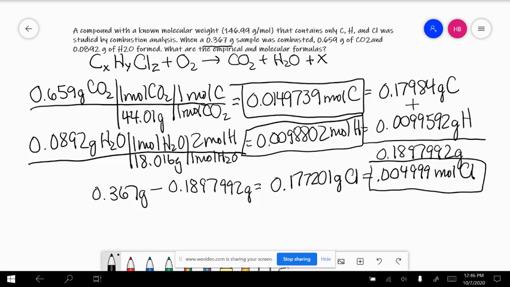So we're going to do the same thing we did with our empirical molecular formulas: we're going to divide by the smallest mole number. So I'll divide each of these by 0.004999.